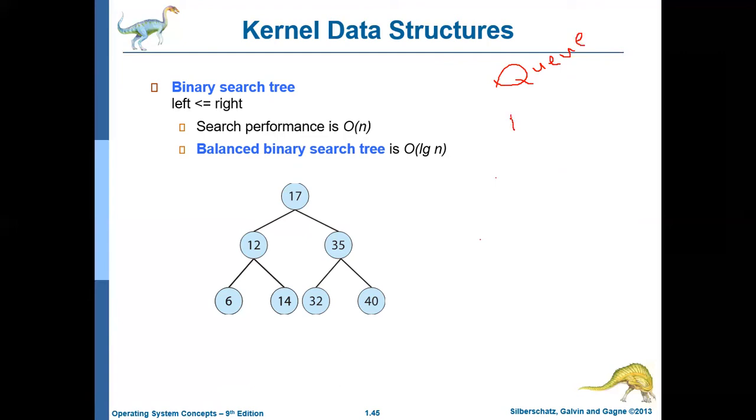The data that is inserted first will come out first. It is something like a normal queue, like the queue at a ticket counter. Whoever is the first person in the queue will be the first one to come out.